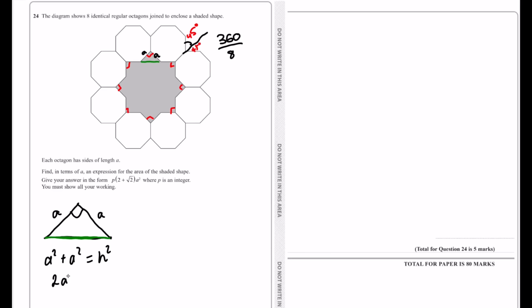So 2a squared equals the hypotenuse squared. So the hypotenuse is the square root of 2a squared, which is the same as root 2 times root a squared, which is root 2 times a, or a root 2. So that is the green length, a square root 2.